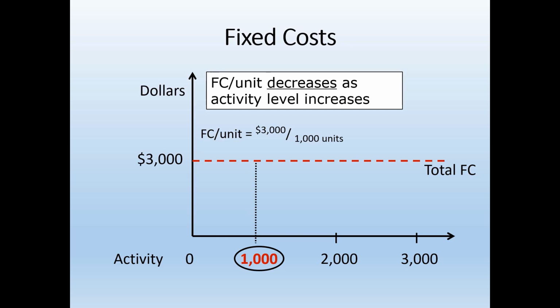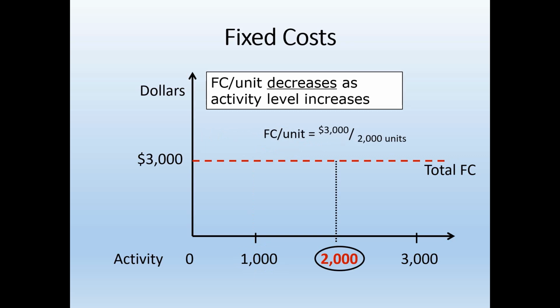For example, if the firm expects to make 1,000 units, it would divide its total fixed cost by the 1,000 units, which means that each unit would carry $3 of that fixed cost.